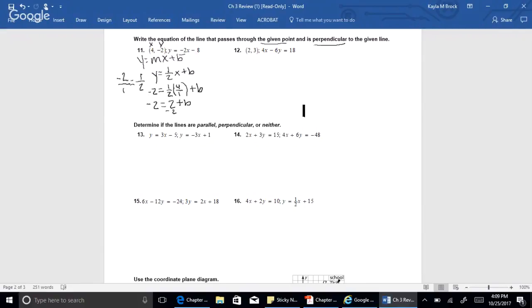And then I'll subtract 2. This is going to be -4 equals b. So my equation is going to be y equals 1/2 x minus 4.